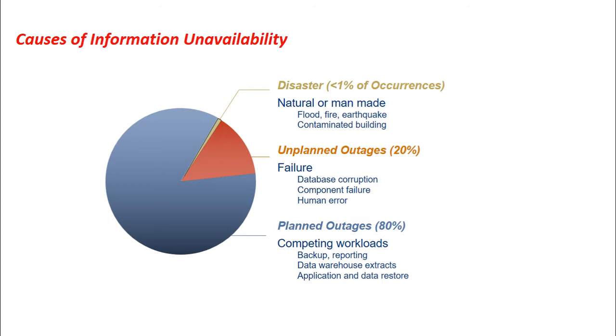We will know that the business information will be unavailable while carrying out these tasks. Remember, planned outages contribute to the large part of your information unavailability. About 80% of the time, information unavailability is due to planned outages, and about 20% of the time it is caused by unplanned outages.